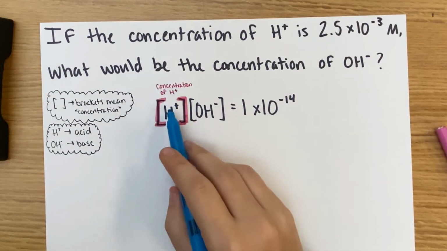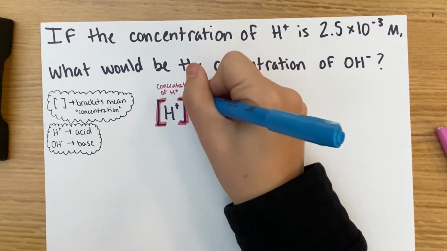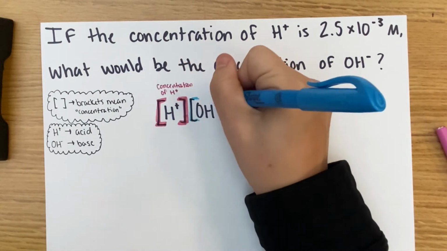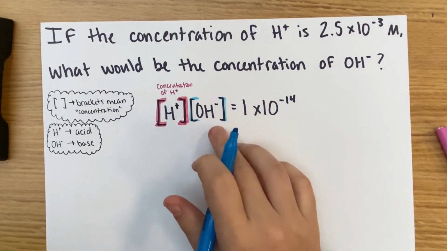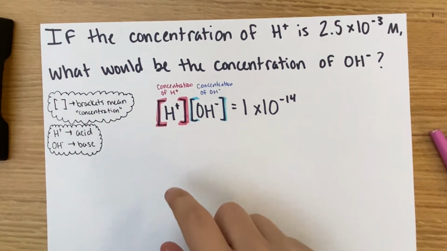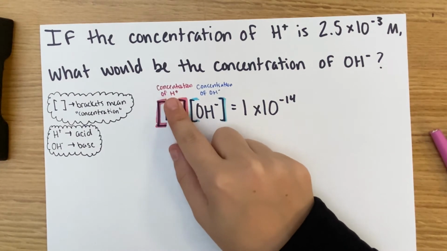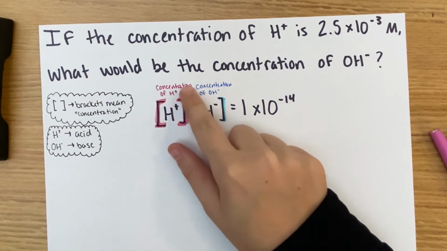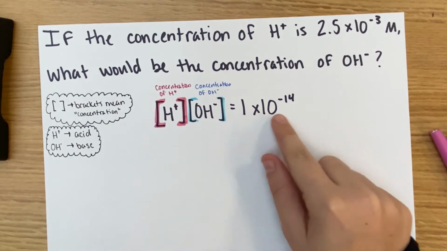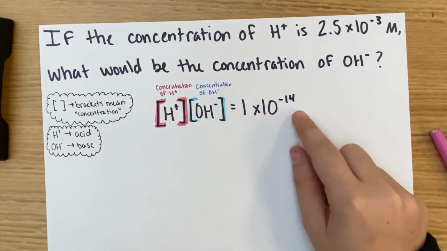And the concentration of H plus is being multiplied by, again, we have these brackets, the concentration of OH minus. So anytime you have the concentration of H plus and the concentration of OH minus, if you multiply those things, it will always equal this number.